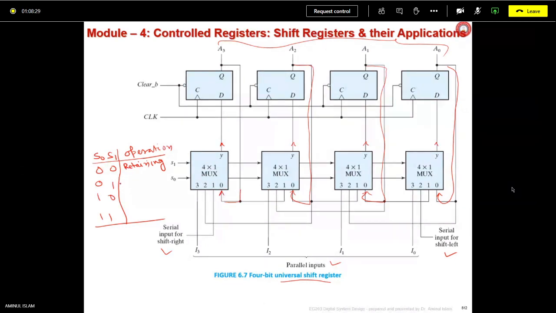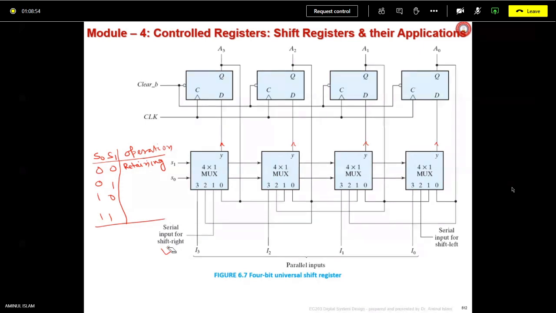Then 0, 1. What is going to happen in the 0, 1 state? The right shift.